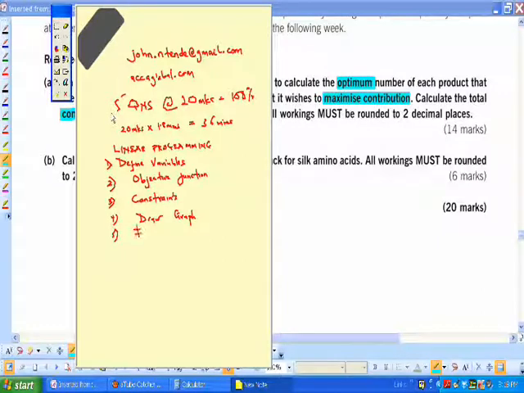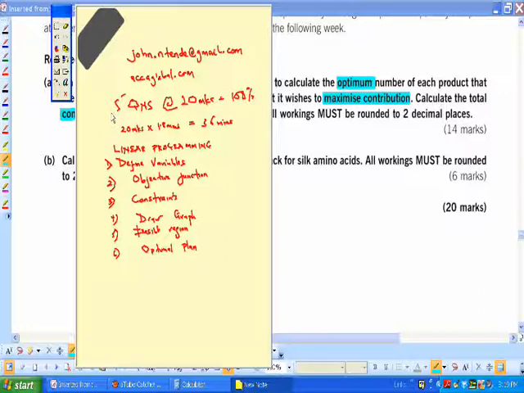You determine what they call the feasible region. Finally, you determine what they call the optimal plan, what we're trying to do actually.